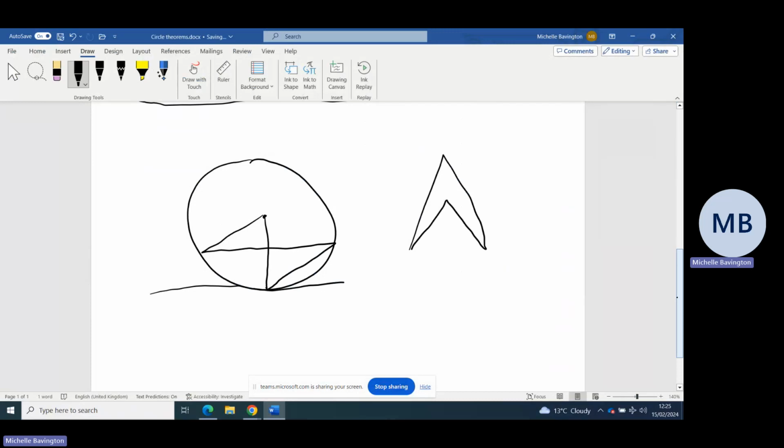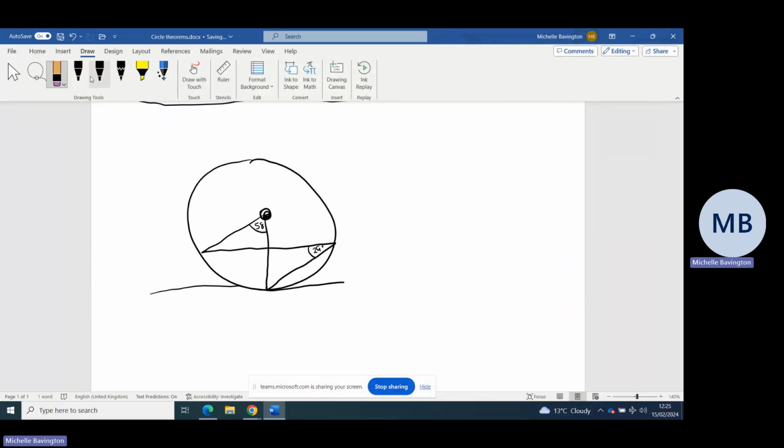It's just been twisted. So here is your center. So if your center was 58, this angle here would be 29.